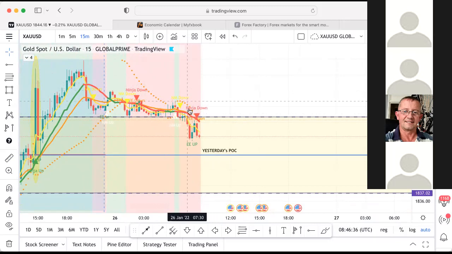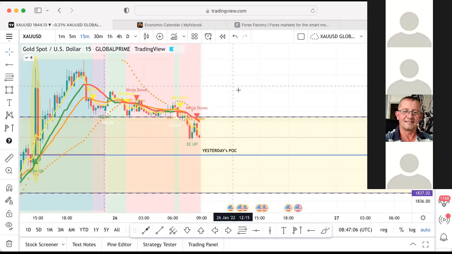We've also got a ninja down at that point. And the other thing that I look for is the moving averages. You can see that the yellow moving average, which is the 5 moving average, is below the 13 moving average, which is this one that changes from green to red and red to green. So that's giving me all the signals that I would need to get into a trade.